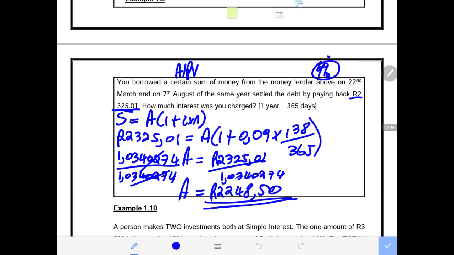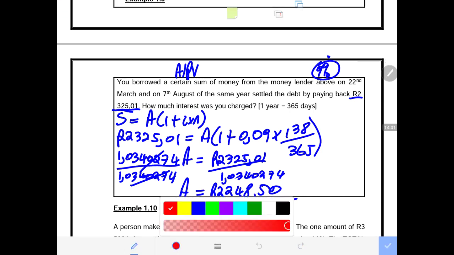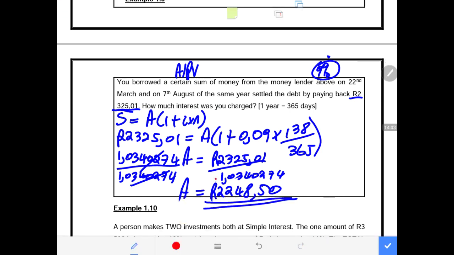The reason why we needed A is not because A was required. It's just that we did not have enough information to calculate our interest. Remember, if we knew the sum accumulated, and if we knew A and we already know our N, then we could have calculated our interest, but we could not. Even with the formula that says I is equal to interest amount divided by A times N, we could not use this formula also.